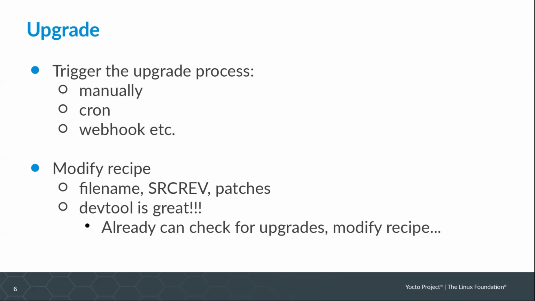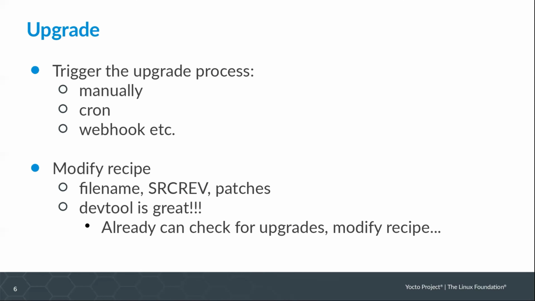So in detail, what are those tasks? Upgrade tasks. That means, somehow the upgrade should be triggered. That can be manually or daily by a cron job or some webhook kind of thing. So whenever some release of a package is triggered, then that update process should be triggered.